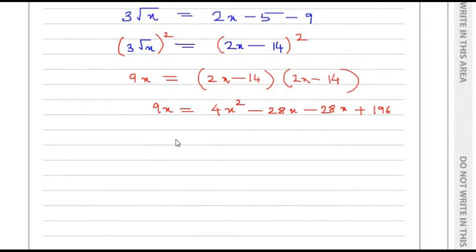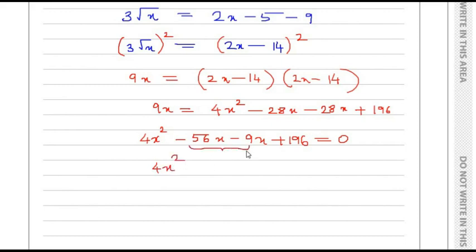Now further simplifying the equation, we get 4x², and minus 28 gives us minus 56x. Now let me take the 9x on the other side, so it becomes minus 9x plus 196 is equal to 0. So one last step for simplifying this, 4x².